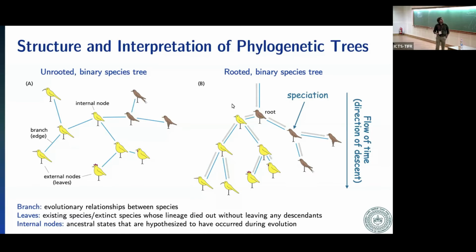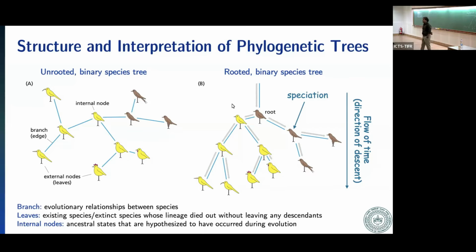So in order to represent a phylogenetic tree, we have to have an idea about at least this set of things. We have a bunch of leaves, which are basically OTUs or taxa, on which we are ultimately building the tree. At the same time, we have a set of internal nodes, which represent ancestral states.